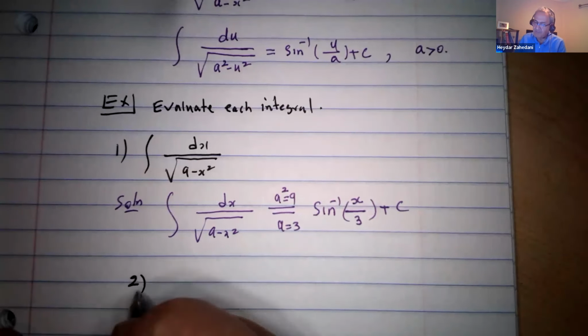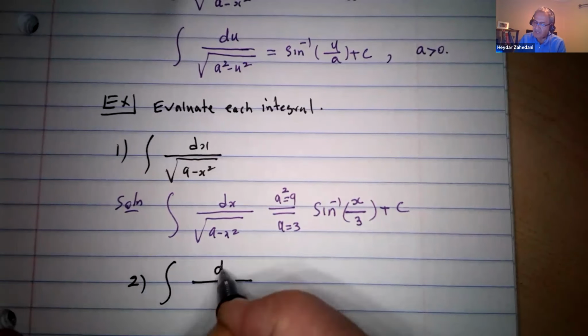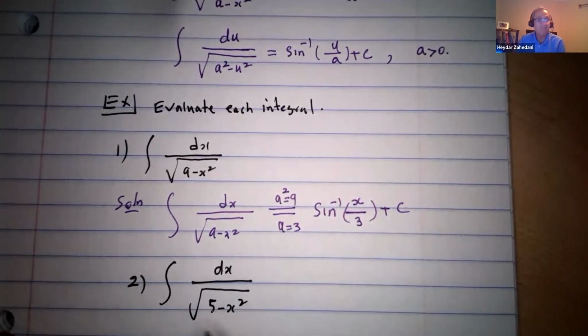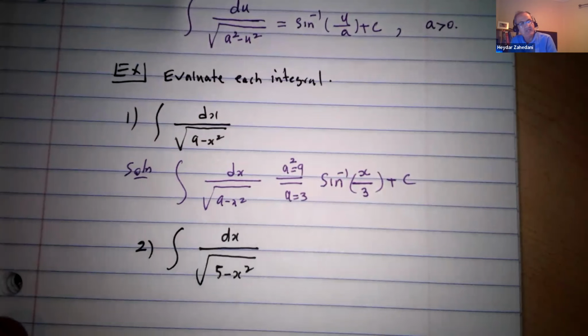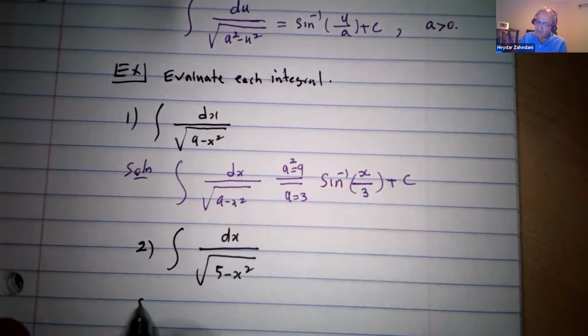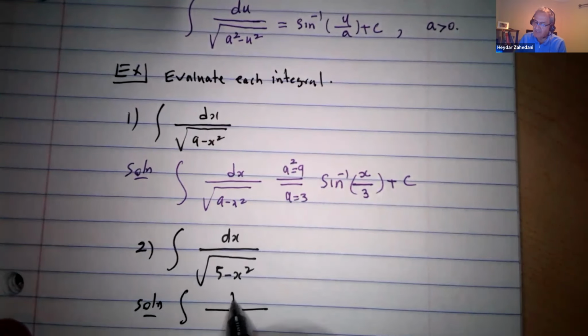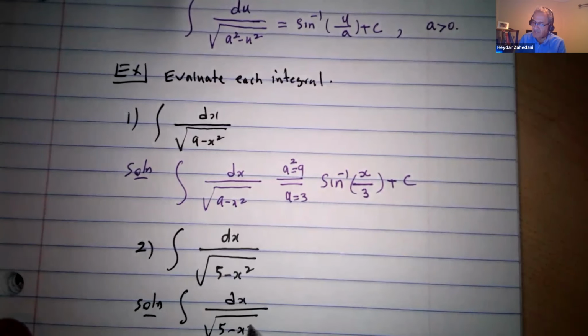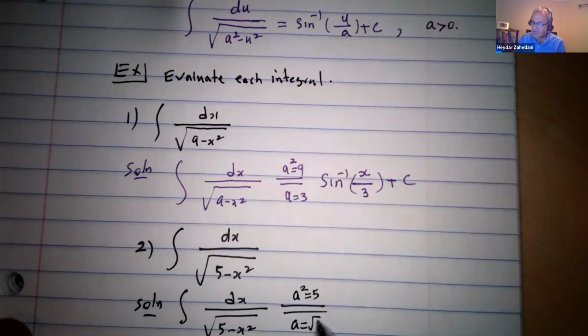Integral of dx over the square root of, let's say, 5 minus x squared. You see, a squared is 5, so a would be radical 5. So the solution is going to be: the integral of dx over 5 minus x squared. Again, I remind you that a squared is 5, so a is radical 5.